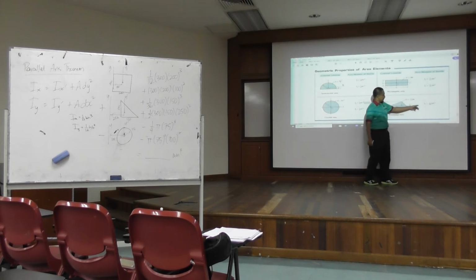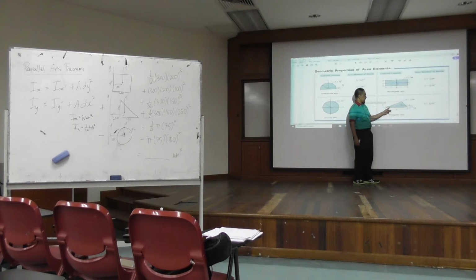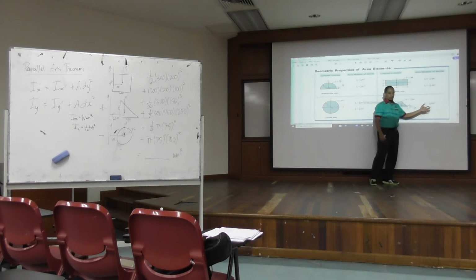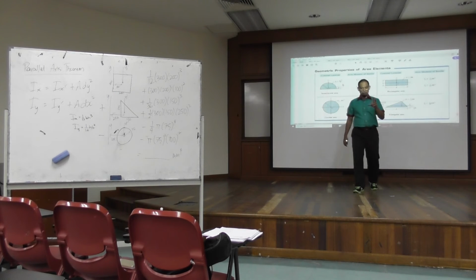However, here it doesn't give you Ix and Iy, because the triangle is not a right angle triangle, so you cannot get that one. So you have to understand that when you flip it that way, it will be HB cube or something like that. There are two ways to understand it.